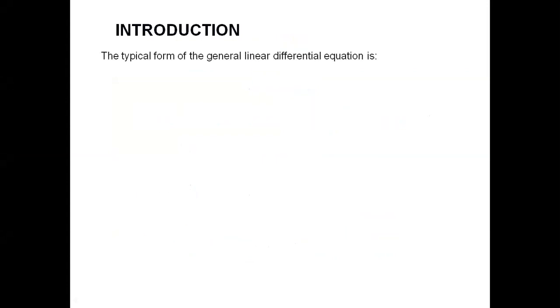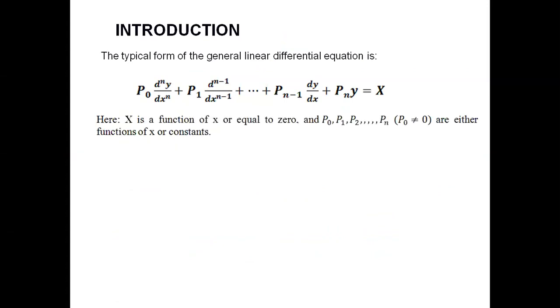The typical form of the general linear differential equation is given as shown, where X can either be a function of x or equal to 0. The X that is appearing at the extreme end of the expression can either be a function of x or can be equal to 0.